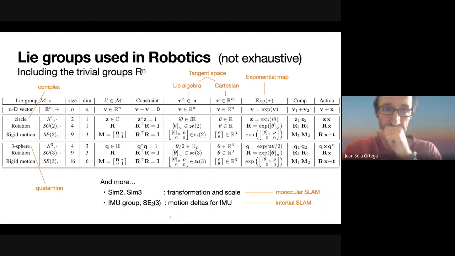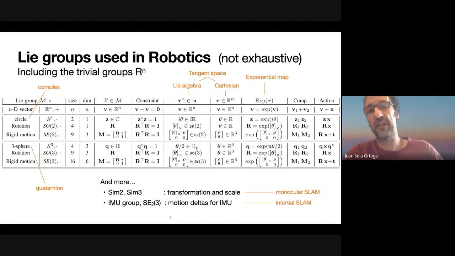In 3D, you have the three equivalents. The 3-sphere S3 is the group of quaternions, and it's pretty much equivalent to the complex numbers, but in 3D. Then you have the rotation matrices SO3, which act similar to the rotation matrices in 2D, and also the rigid motions.